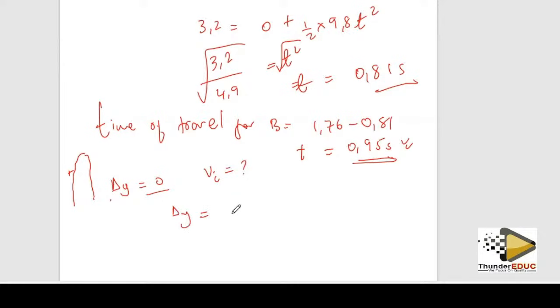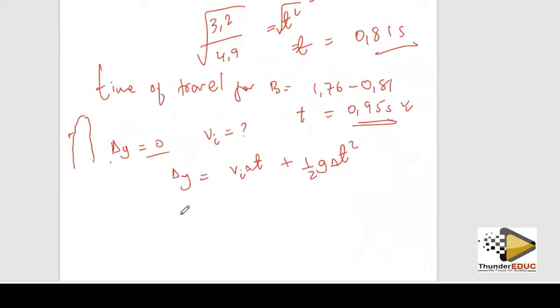So from delta y is equal to vi delta t plus a half g delta t squared. Okay, where there is delta y, I'm going to use a 0. Initial velocity is what I need times 0.95 plus, we're going to say a half times, since the object is moving upwards, then my gravity is going to be negative 9.8, but with a t squared.